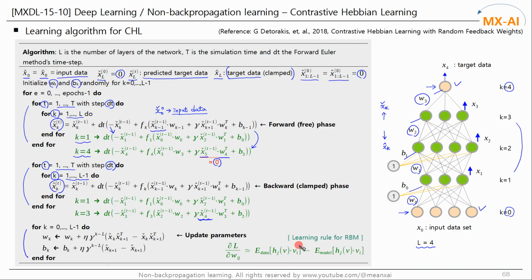As we saw in the previous video, the learning rule for RBM using contrastive divergence is as follows. The learning rule for CHL is also similar to this. Again, in the backward phase, the desired target data is clamped and backpropagated to the lower layers.